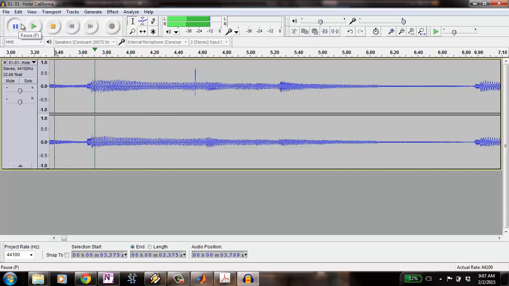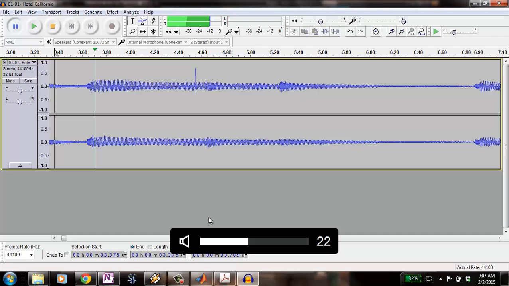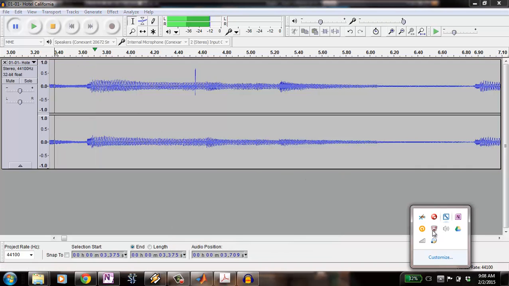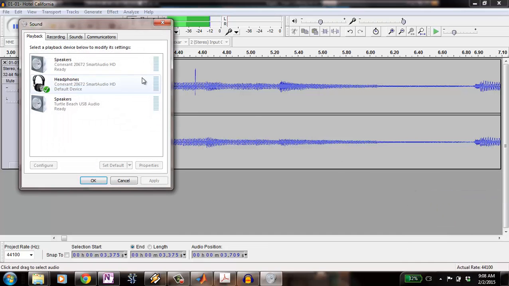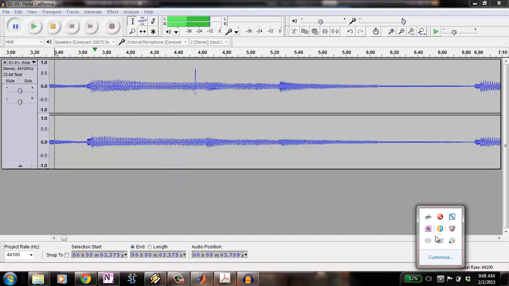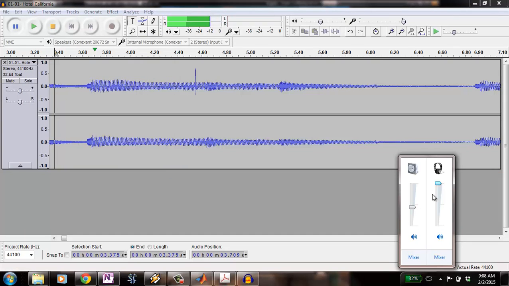What's going on? At least I could turn my laptop on and off. Yeah, but it says it's on the headphones, which is what I'm plugged into. So at least I can turn the volume up.